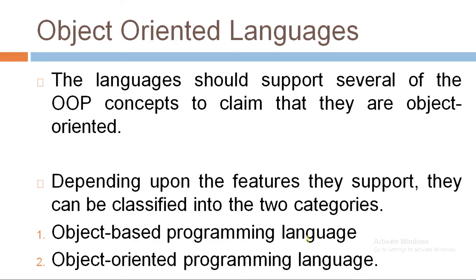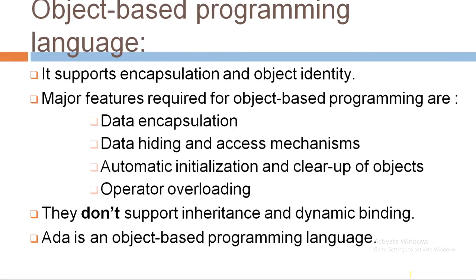Now let's see the object-oriented languages. There are many such languages, but there are two different concepts: the first is object-based programming and the second is object-oriented programming. Depending upon the features they support, these two categories exist. Let's see the first one. Object-based programming languages support encapsulation and object identity.